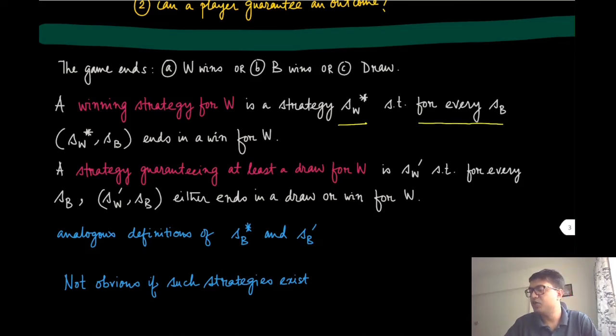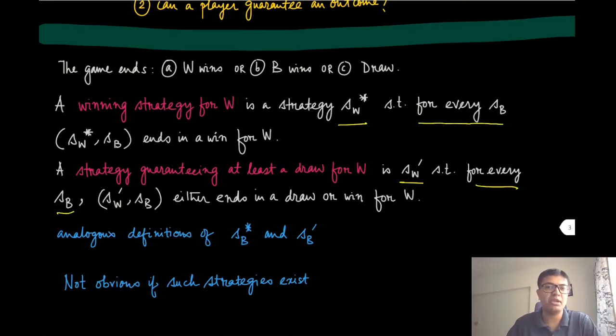And if you want to consider a strategy which guarantees at least a draw for the white player, then that is going to be defined as SW prime, such that for every SB, again for every SB, no matter whatever the other player is playing, SW prime, SB either ends in a draw or a win for W. Both of these 2 things can happen based on what SB you have chosen.